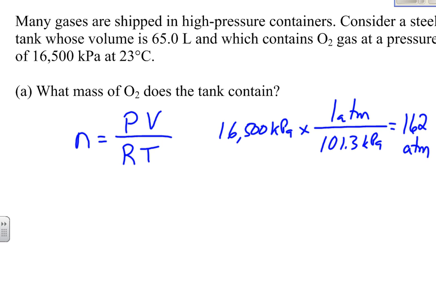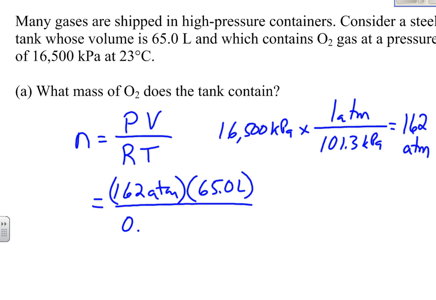I go to plug that in, so we have 162 atmospheres. Volume is given to us in liters, so it's 65.0 liters. R, 0.08206 liter atmospheres per K mole. And our temperature currently is in Celsius, so all we need to do is add 273 to get to Kelvin.